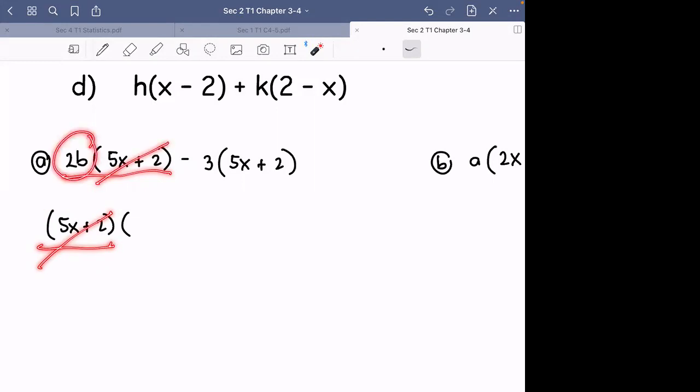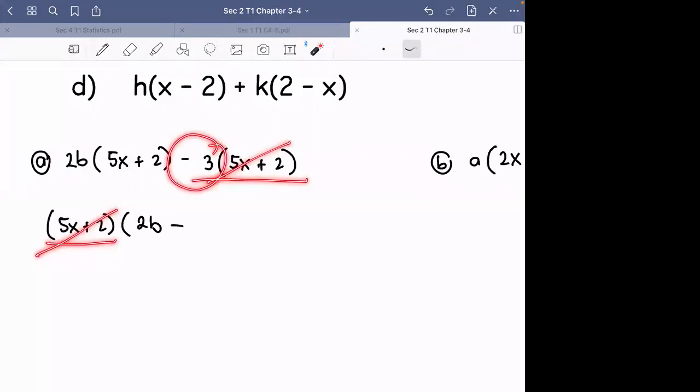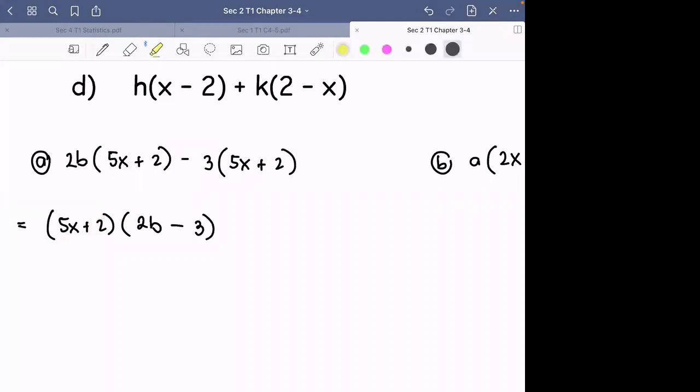It's 2b, right? And then minus 3 times 5x plus 2 divided by 5x plus 2. So what do you get? You cancel this because that's equal to 1. So what is left? Minus 3. So that's it. This is your answer for letter A.